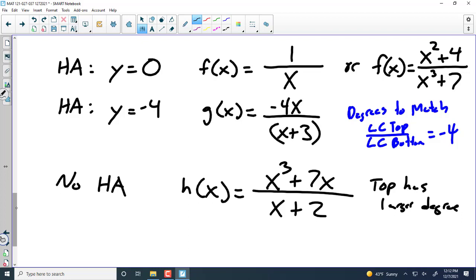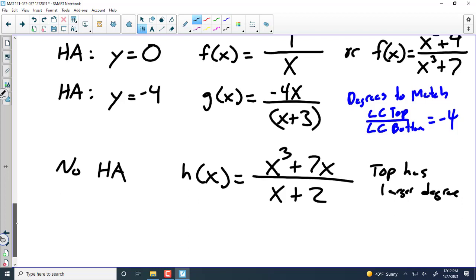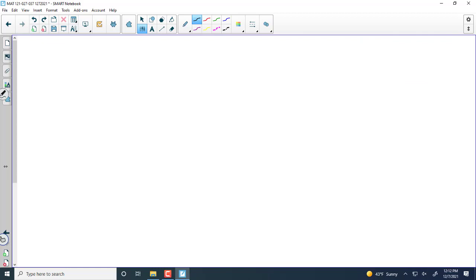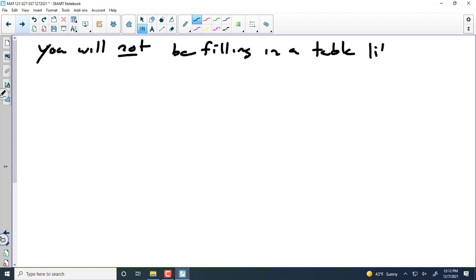So just so we're clear, everyone, if you look at the very first problem on this, you will not be filling in a table like number 1 on the exam.